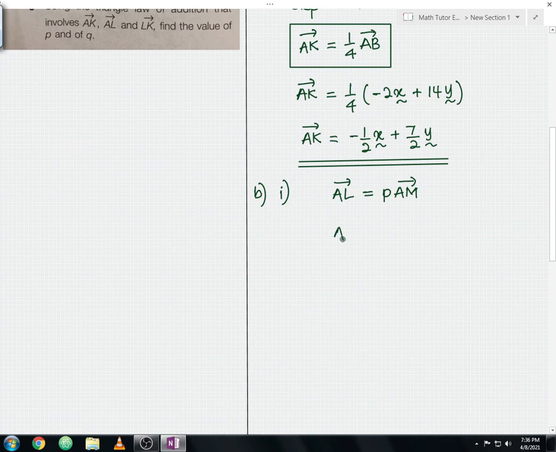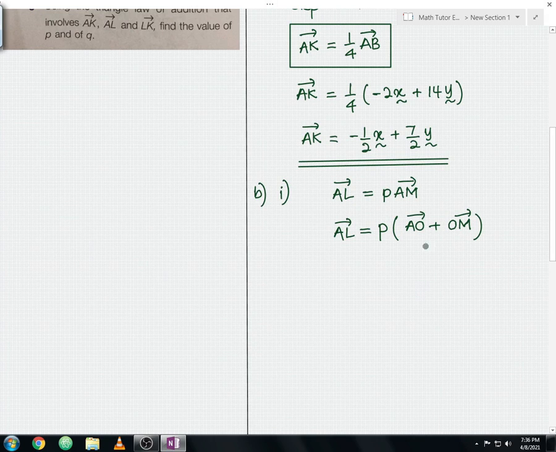So vector AL is equal to P, and within this vector AM you can break down into two vectors, where vector AM is the summation of vector AO plus vector OM, close bracket.